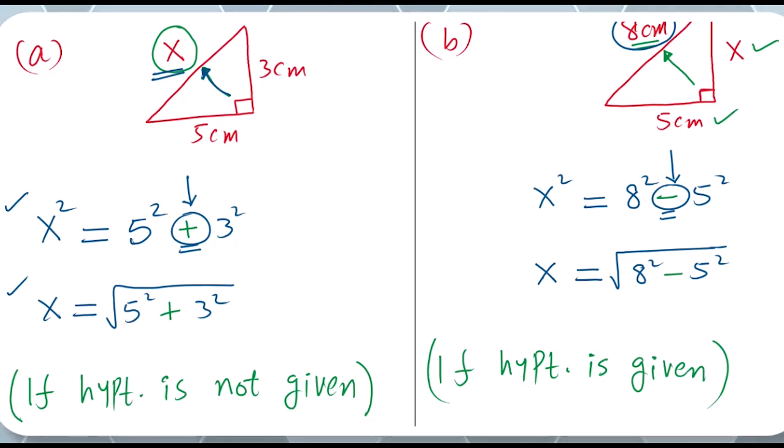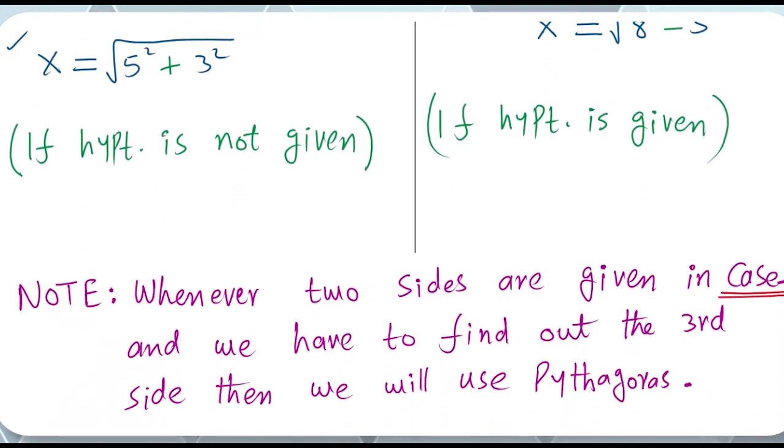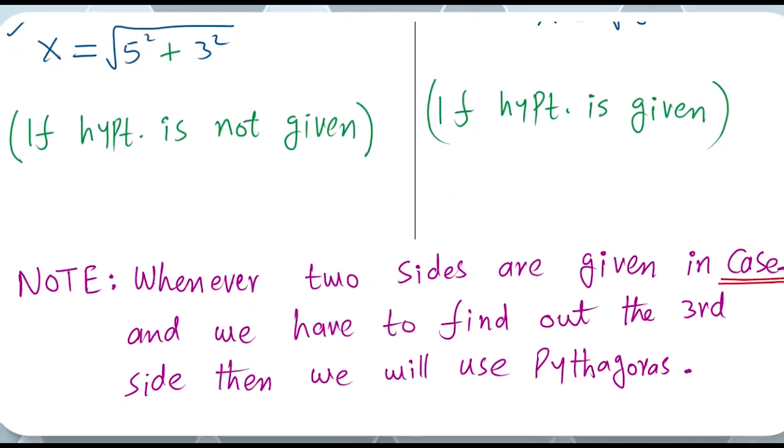Also, some students I observed while solving questions try sine, cos or tan on this type of triangle, and then they waste their time. So I wrote a note here: whenever two sides are given in case 1 and we have to find the third side, then we will use the Pythagoras theorem.